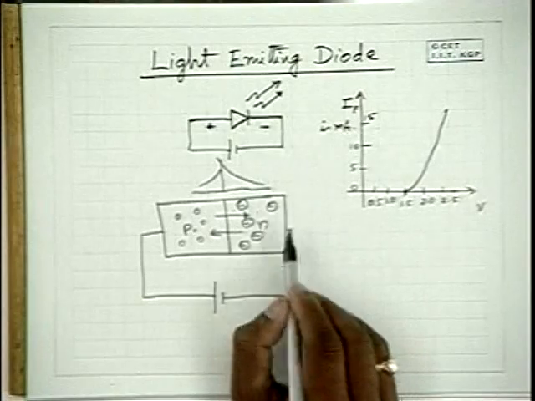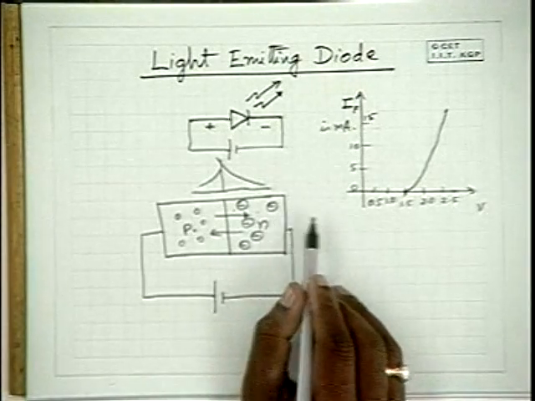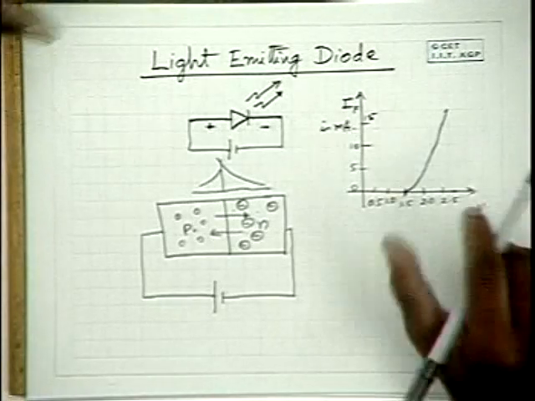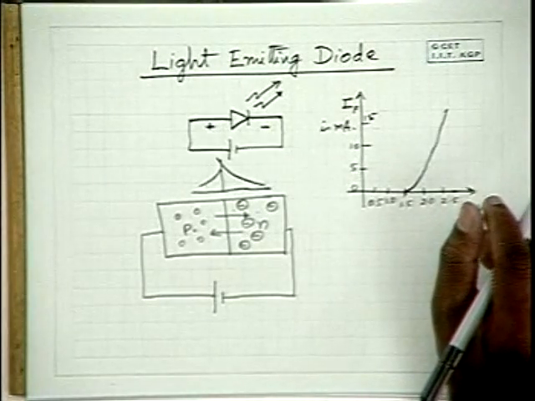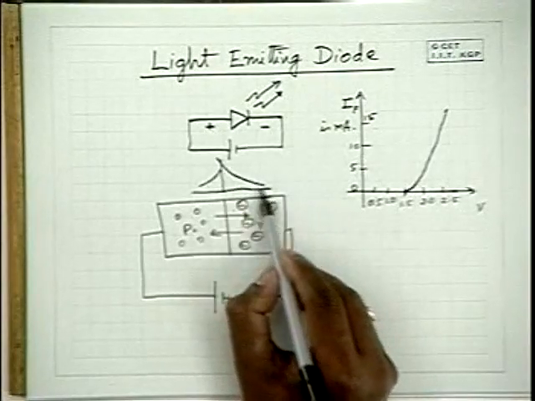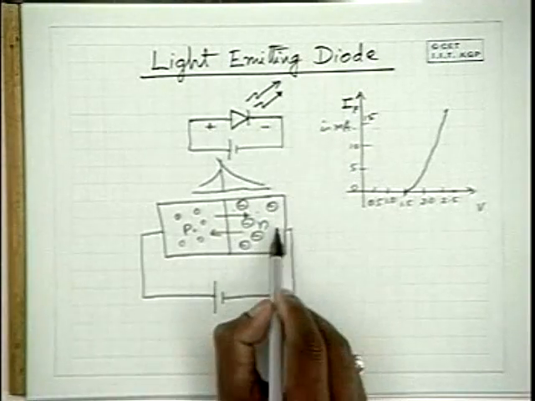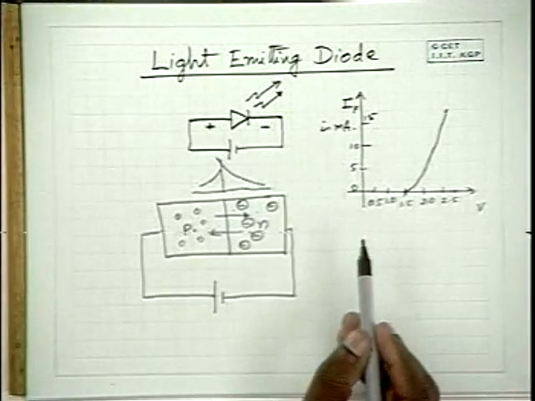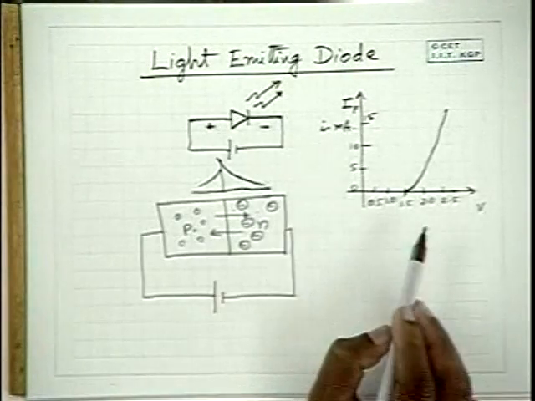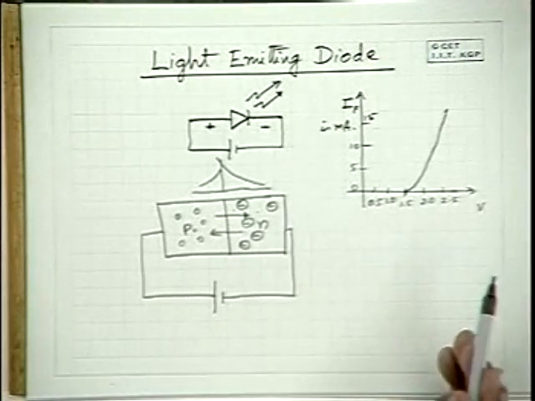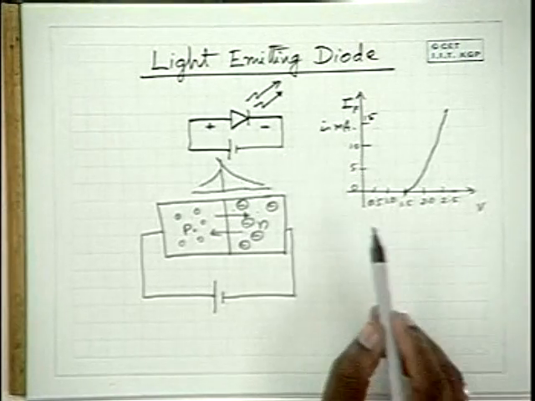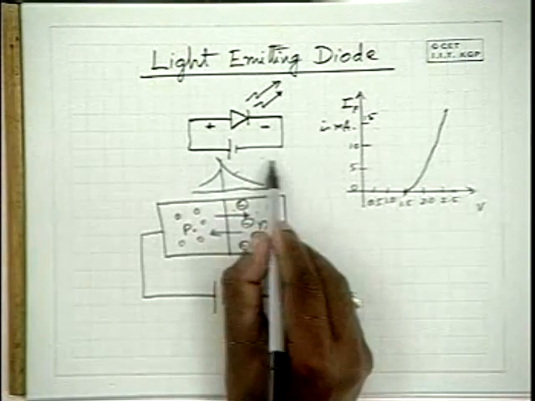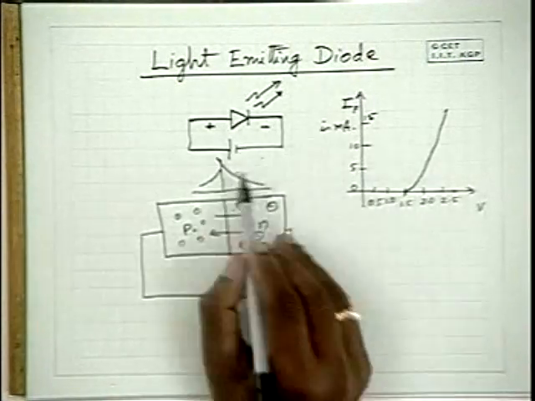When you have more electrons present here and holes are injected from outside, they recombine, and in the process the concentration goes down with distance. But the current anyway takes place because the charge passes. The concentration of charge carriers goes down in this fashion, but the total remains almost constant.